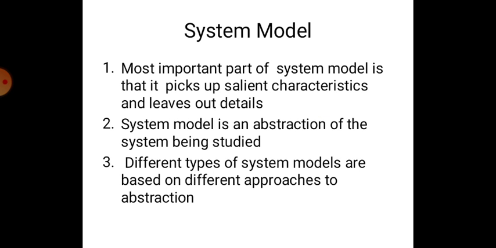Earlier we have studied that the way you abstract, accordingly the model is developed. So what approach you take to develop the abstraction, accordingly the model is developed. Earlier we studied the context model, the behavioral model, the structural model. These are different approaches to the abstraction.